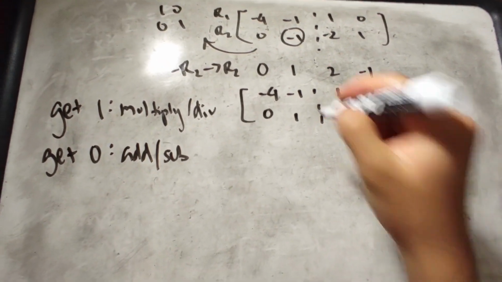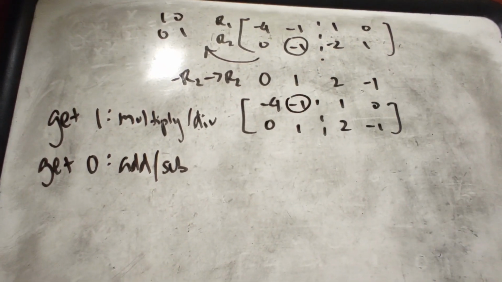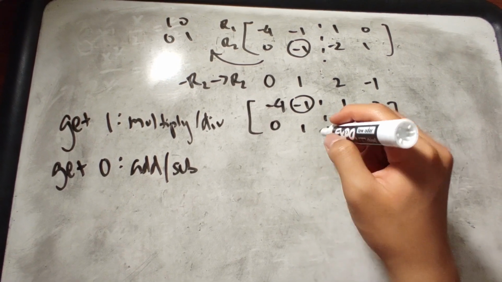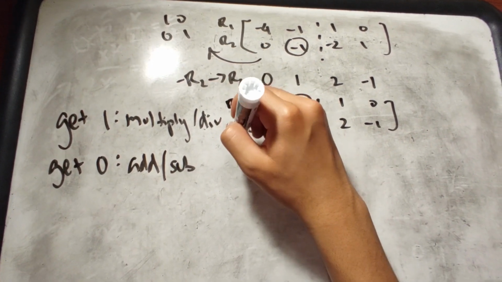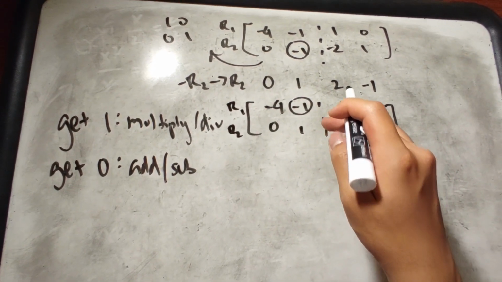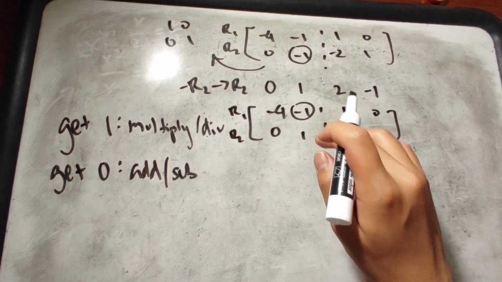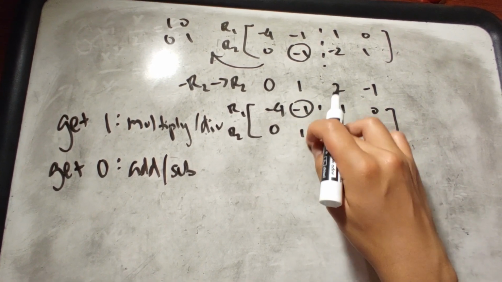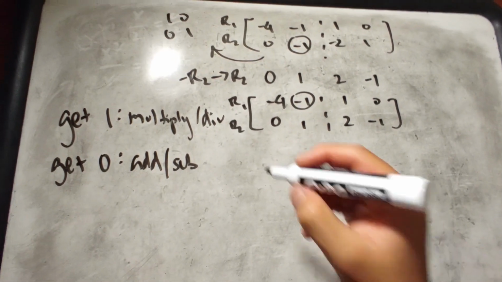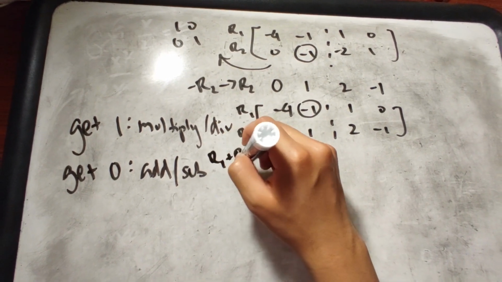Alright, so now we want to get this value to equal 0. And what we could do is add row 1 and row 2 together, because in this column, when we add row 1 and row 2, 1 plus negative 1 would equal 0.